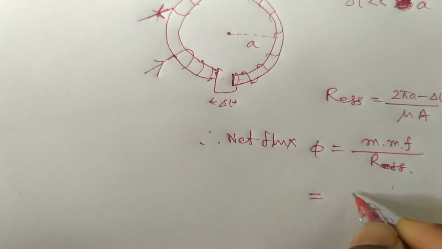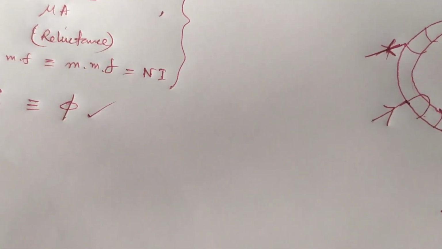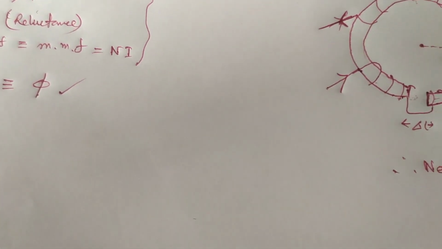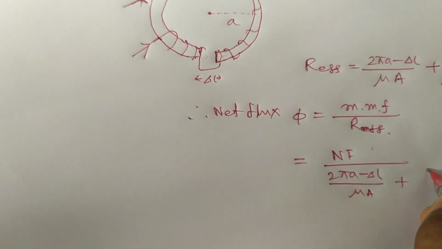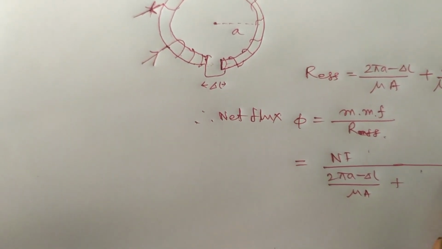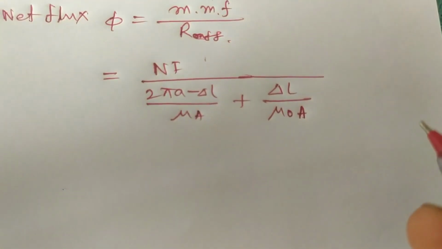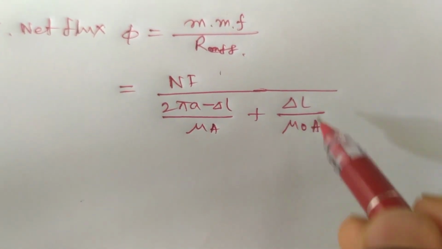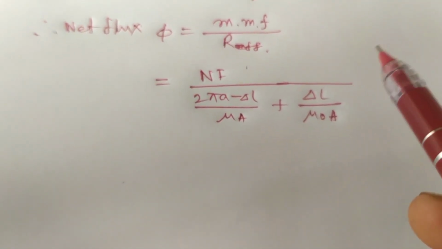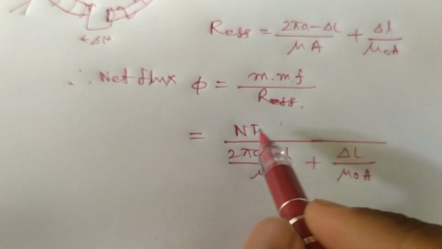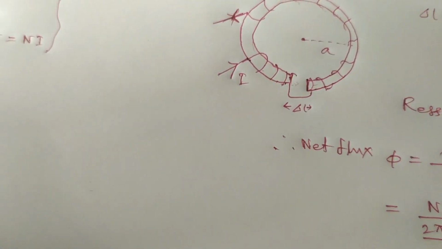So this comes out as N i by (2 pi a minus delta L) by mu a plus delta L by mu 0 a. Clear? Where I is the current passing through the windings and N is the number of turns.